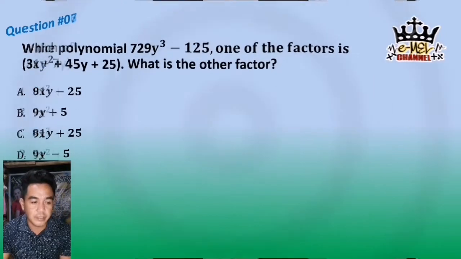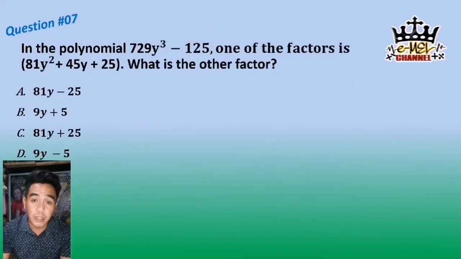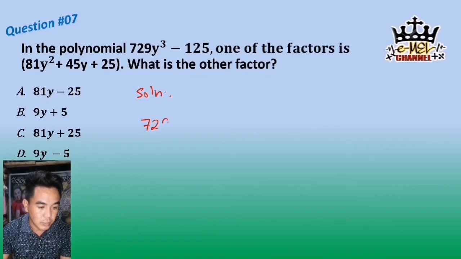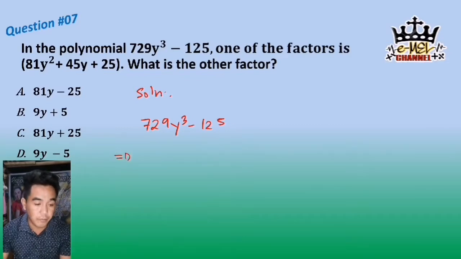Question number 7. In the polynomial 729y cubed minus 125, one of the factors is 81y squared plus 45y plus 25. What is the other factor? So again, let us use the given. As in the previous example, let us express this binomial into the power of 3.